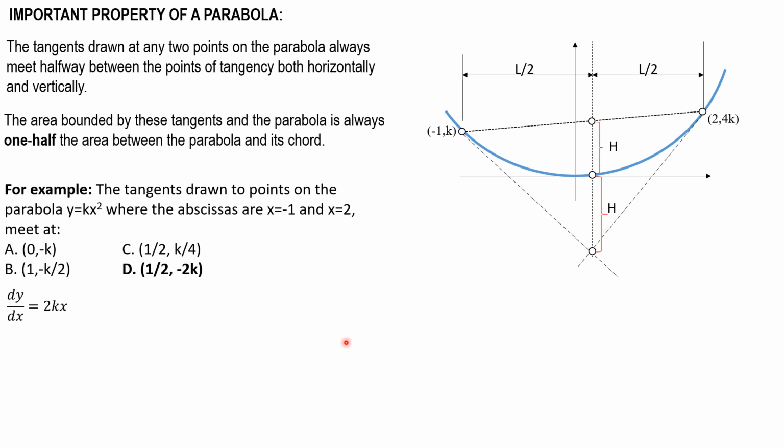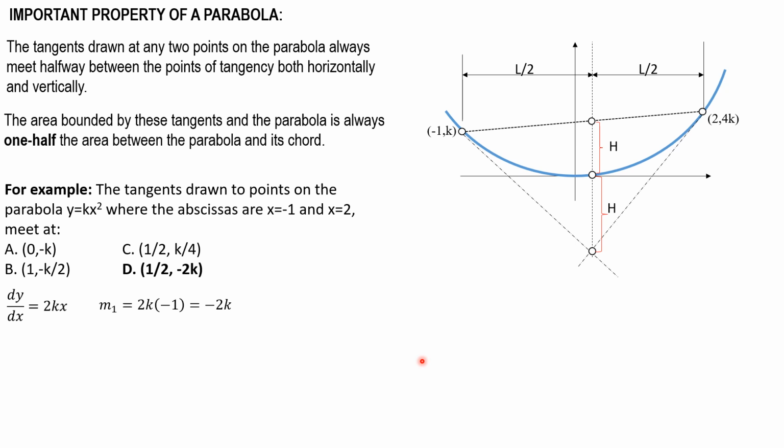So the derivative of y with respect to x is 2kx. I'll just use calculus in defining the slope of the tangent. So for this tangent line here, x is -1, so the slope is 2k times -1, so it is -2k. Then applying point slope form, y minus k equals slope -2k times x minus x1.